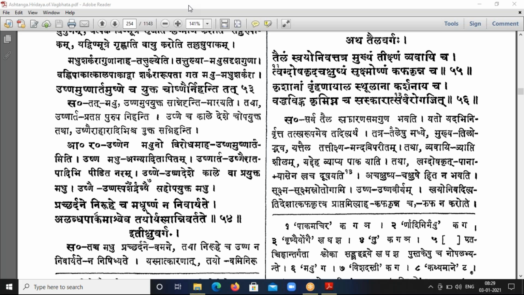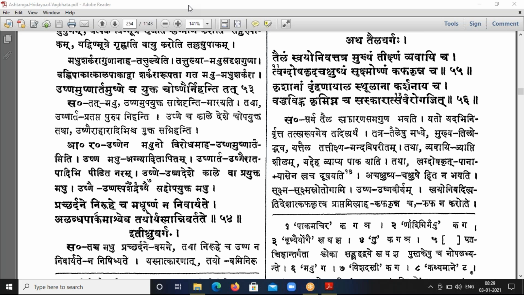Tailam swayonivat tatra mukhyam tikshnam vyavaicha, tvagdoshakrid achakshushyam, sukshmoshnam kabhakrun nacha, krishanam brahmanayalam sthulanam karshanayacha, baddhavitkam krimikhnam cha, samskarad sarvarogajit, or sarvadoshajit.